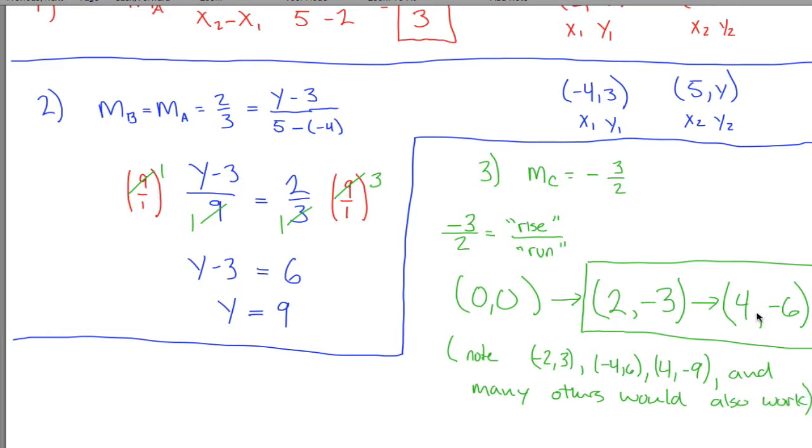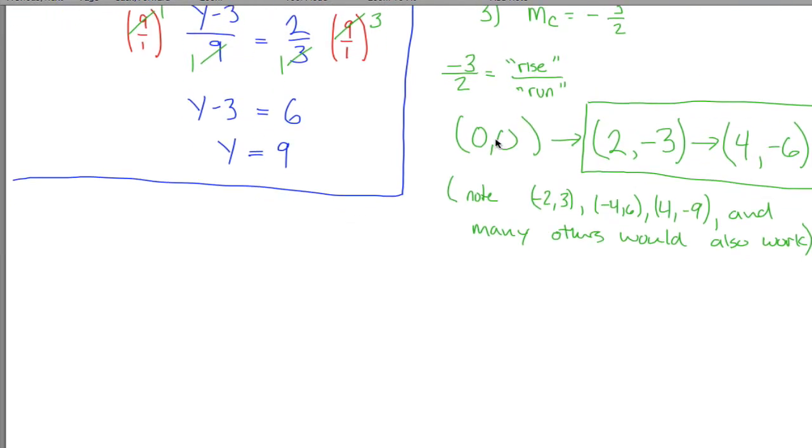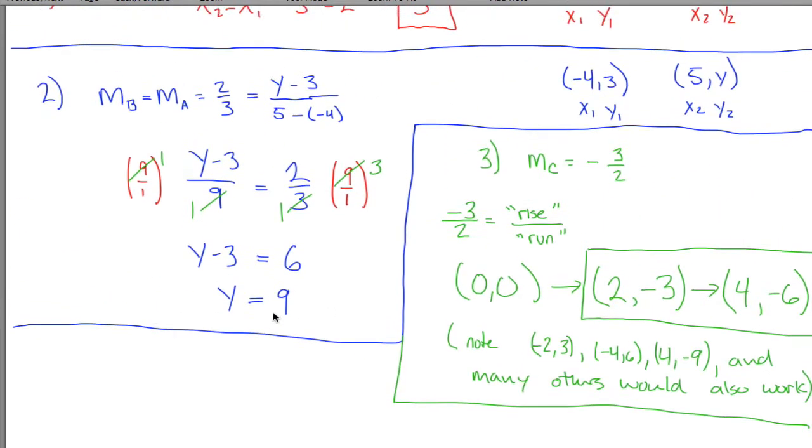So I think the ones we found, these two right here, are the easiest, but you're free to find other points too. And here's some of the other ones that would work. But really anything on this line, the line that goes through the origin, then goes down 3 over 2. I think once we do part 4, part 3 will be easier to see.